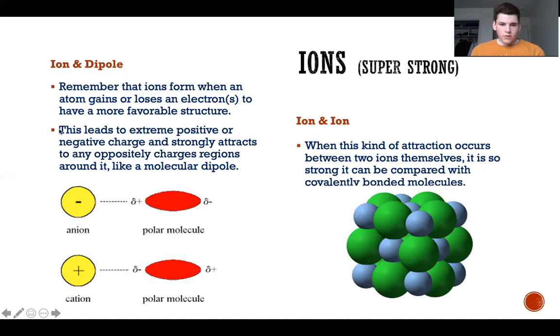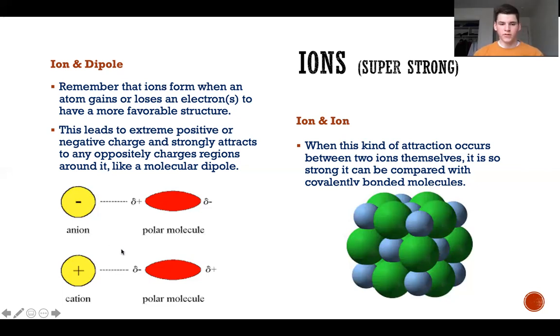And so if you put a bunch of fluorine ions into a mixture of dipoles, similar to here, these dipoles would have a partially negative, partially positive side. But this fluorine would be super negative, and it'd be attracting all the positive sides to it. And so it's a super strong connection here. It's almost like a dipole on steroids, you could say.